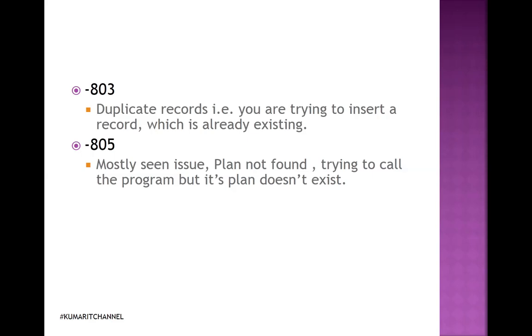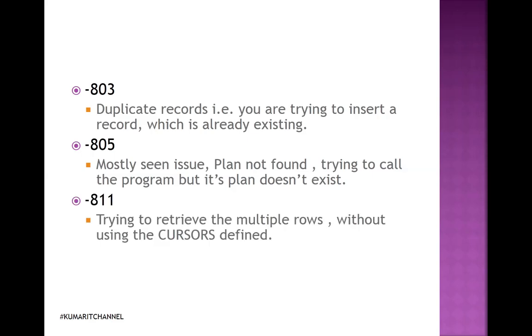You try to execute the COBOL DB2 program, and sometimes you see that the plan is not available. Then you have to recompile and do the pre-compilation, all those things. Another commonly seen one is -811, trying to retrieve multiple rows without using a cursor.